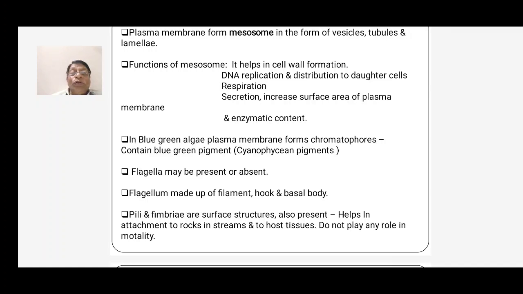The mesosome is nothing but the infoldings of the plasma membrane, and it forms the vesicle, tubule, and even lamellae.